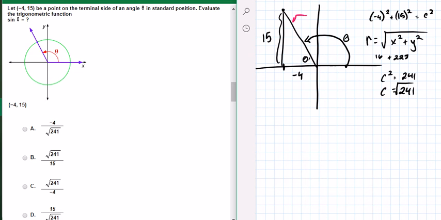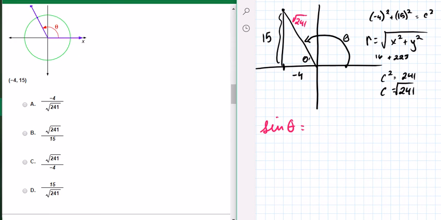It does not simplify. So it just is the square root of 241. So I'm going to write that in on my triangle, square root of 241. And they ask us for the sine of theta. The sine of theta is actually going to be the exact same as the sine of theta prime. By that I mean we have this abbreviation we talked about: All Students Take Calculus. That means in quadrant 2 here, the sign is going to be positive.